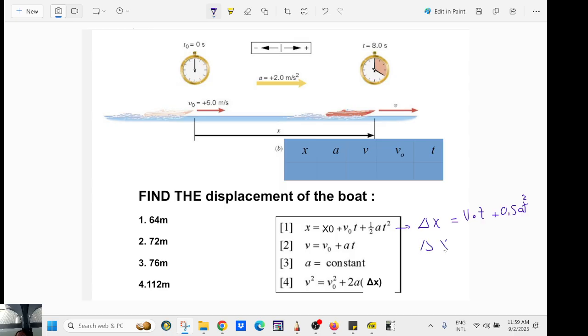Don't forget that delta x is just the final position minus the initial position. When you see v sub 0, it just means initial velocity. When you see v, it means the final velocity. x is the final position, and x sub 0 is the initial position.